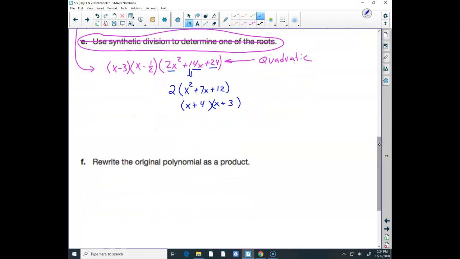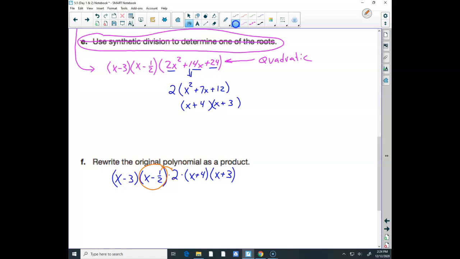Okay? I've rewritten it as x minus 3 times x minus 1/2 times 2 times x plus 4 times x plus 3. Okay? Now watch this little slippery trick. Nobody likes this factor. But check out this 2.